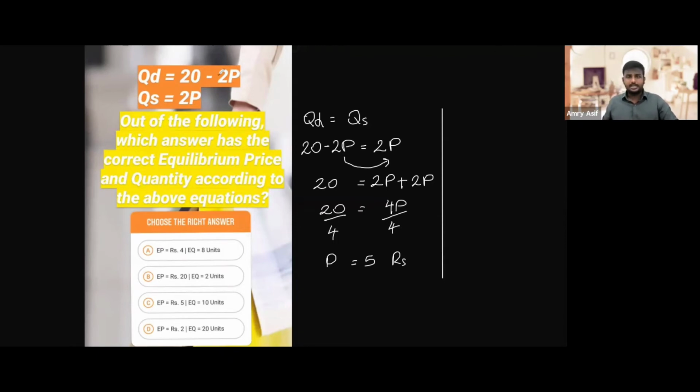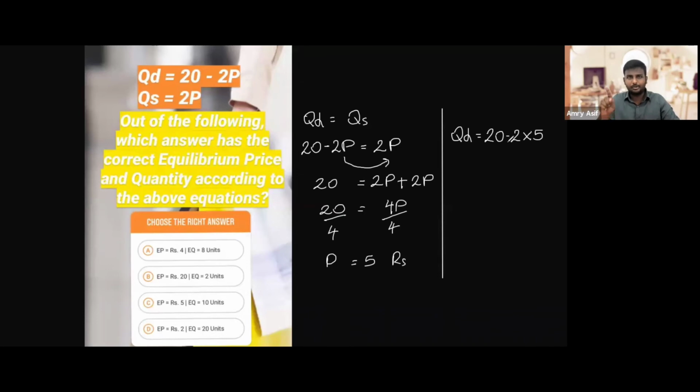Then we take this 5 rupees and put it in the demand or supply equation. You can put it in either of them. But I have recommended in the previous video also, take this equilibrium price and have the habit of putting it in the demand equation whenever you are trying to find the equilibrium quantity, right? So let's do that. 20 minus 2 multiplied by 5, that's the equilibrium price.